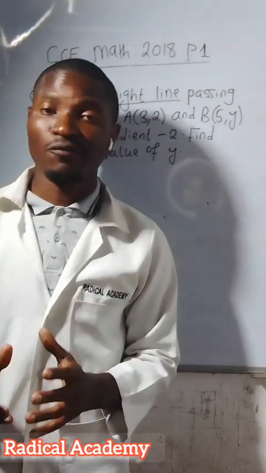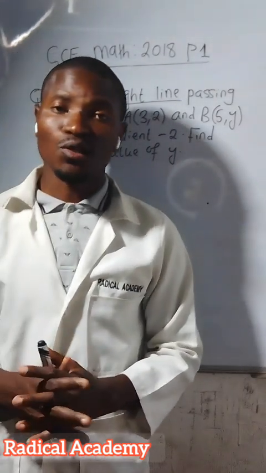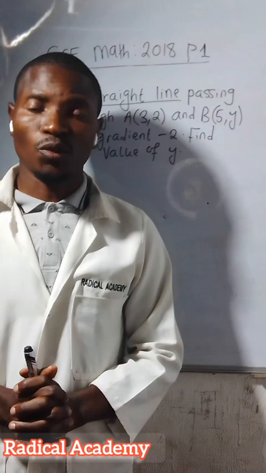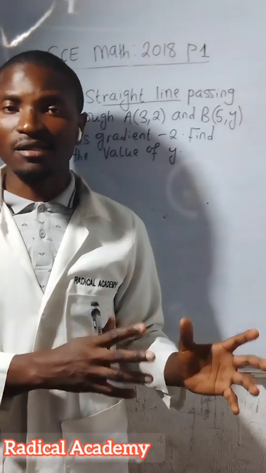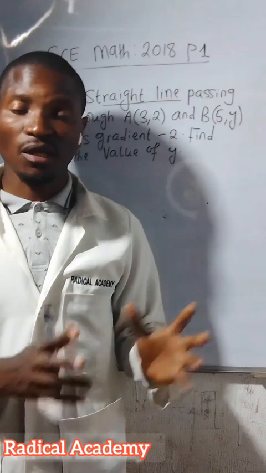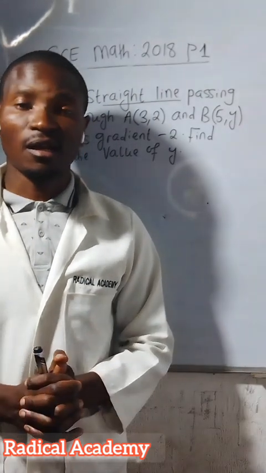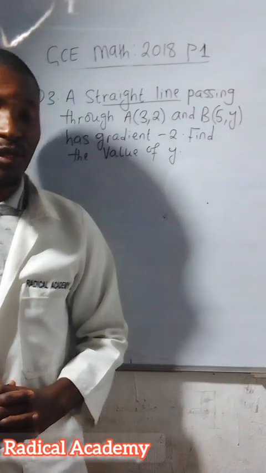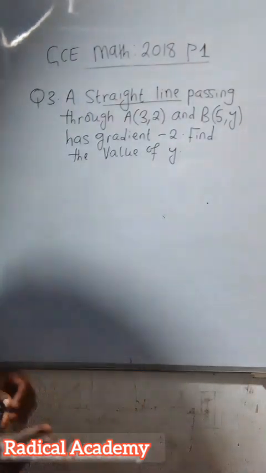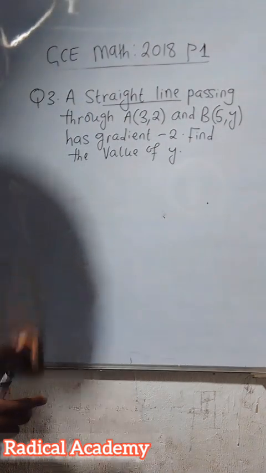For those that have been following me on my social media platforms, either Facebook, YouTube, or TikTok, I've done a bunch of videos, particularly on how to find the gradient of a straight line, or even just how to find the missing components from the coordinates.